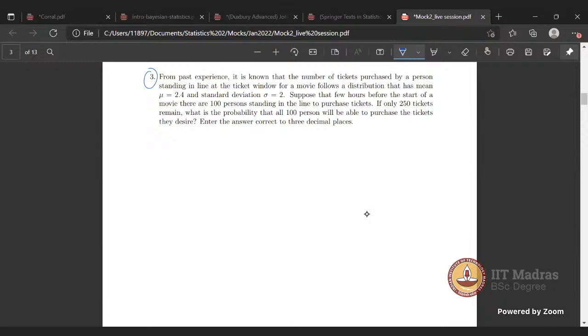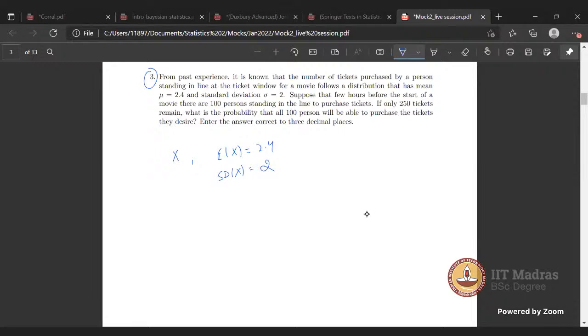Let's say we have a random variable X that represents the number of tickets purchased by each person, and it follows some distribution which we don't know, where the expectation of X is 2.4 and the standard deviation of X is 2.